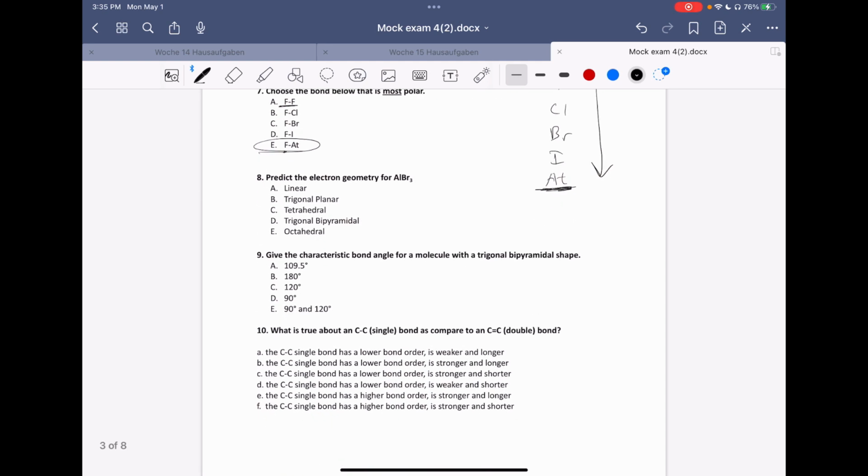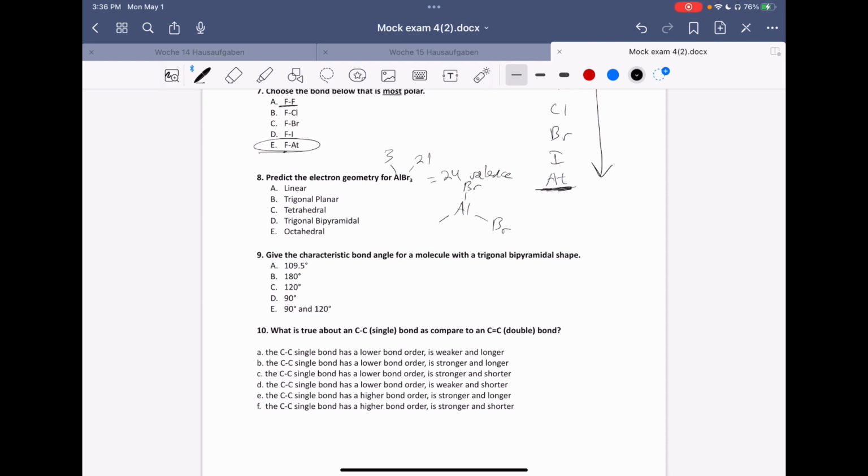Predict the electron geometry of aluminum tribromide. I don't know what that is. But we see that there are a total of 21 valence from this and then 3 from this. So 24 valence total. And I'm sure you guys have probably picked up on some trends. Each bonded element is just going to have 8 from the single bond and all of its lone pairs.